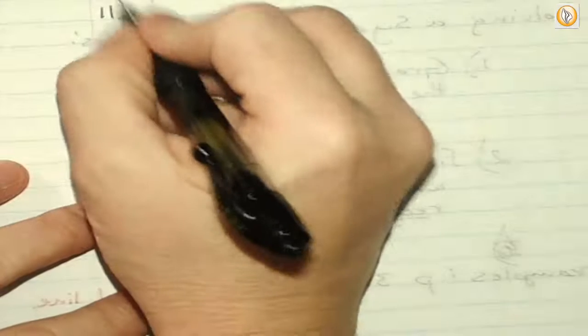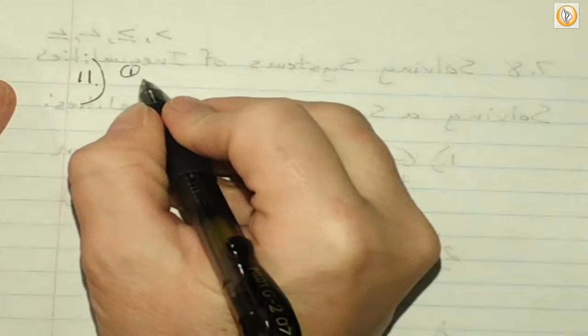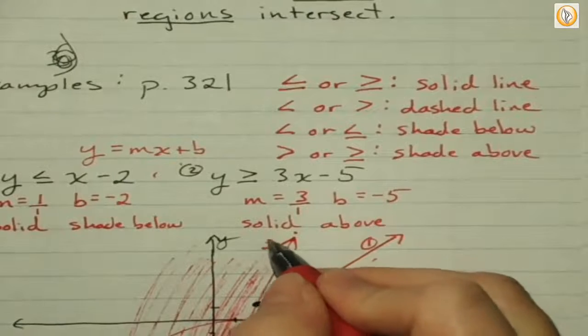Number 11. Line 1 is, and by the way, over here, I still didn't do it because I'm not thinking.